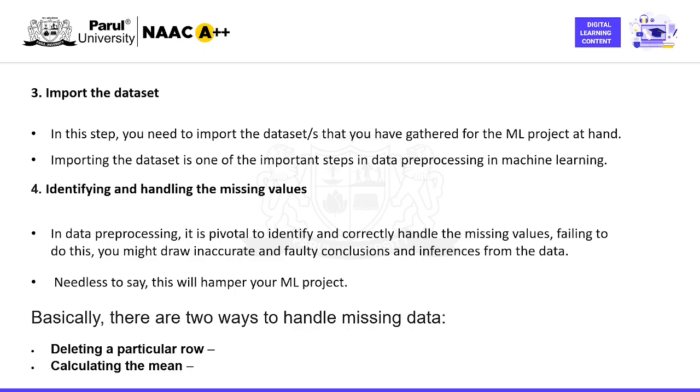But if the dataset contains numerical data, then we can calculate the mean value for the whole column, and we can put the mean value in place of the missing value. So by this we can handle the missing value problem.